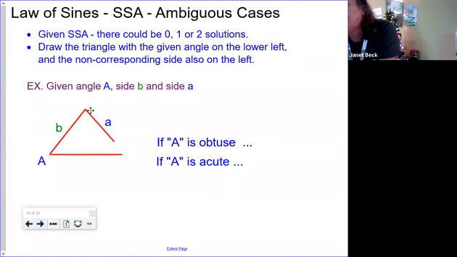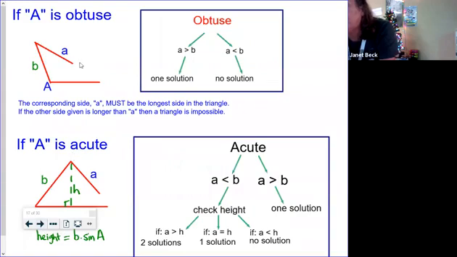If you always draw it the way I just told you, set it up where one angle is here and you've got your side-side angle, then you can use this flow chart. If the given angle is obtuse, the side opposite it must be the longest side. If it's shorter than the other side, you have no solution.